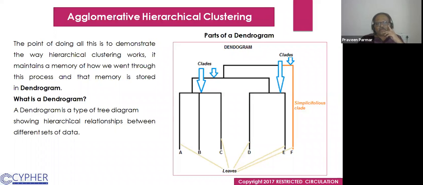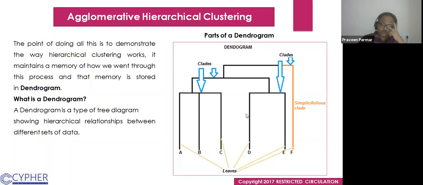So what is a dendrogram? A dendrogram is a type of tree diagram showing the hierarchical relationship between different sets of data. This is in one group, this is in one group, and this is along with the other group. These are the clades, and these are the leaves we are getting.